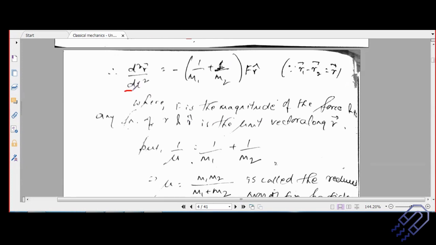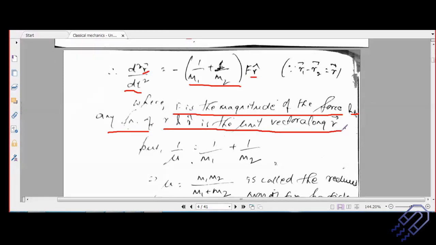d²R bar/dt² in place of R1 minus R2, and then this is left as it is. Since we're defining a direction, let's put R cap now, the direction, which will keep on changing at a particular point. F is the magnitude of the force, which is a function of R, and R cap is the unit vector along R bar.